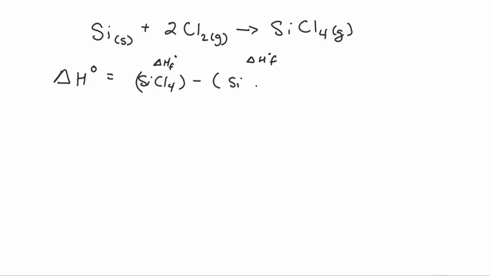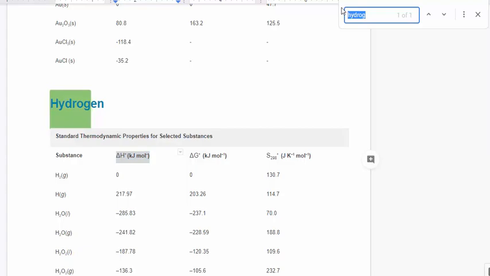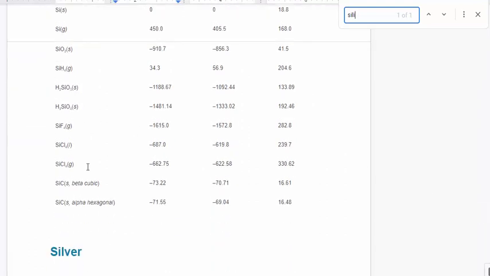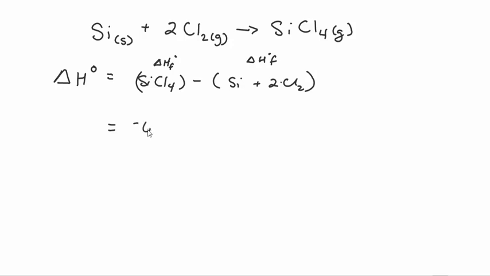Now here, we're looking for the silicon chloride, which we're told is a gas, so it's down here, negative 662.75 as of this recording. And then I'm going to subtract. Now both of these are in their elemental form, so that is going to be 0. If you can't remember and you have a chart, you're always welcome to look it up.